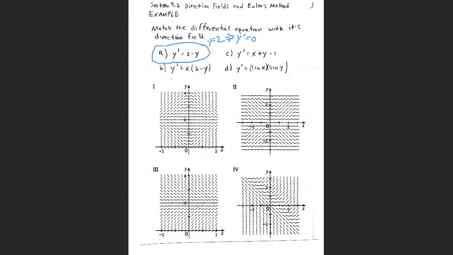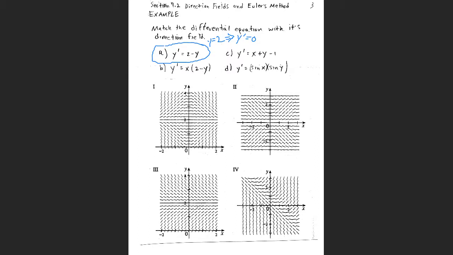So I've got to look at these graphs. When y equals 2, y prime equals 0. So along the line y equals 2, the slopes need to be 0. In other words, along the line y equals 2, slopes need to be flat.